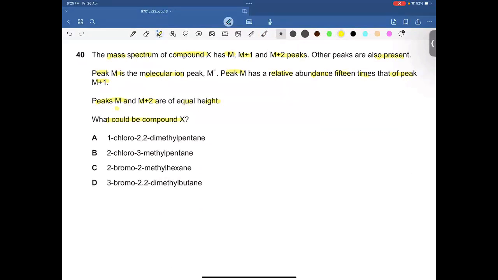Okay. First of all, we know the abundance of molecular ion peak and M+1 peak. So by using the abundance, I can find the number of carbon atoms in this compound X. So 100 over 1.1, abundance of M+1 peak, which is 1, and abundance of molecular ion peak is 15 times higher, which is 15, right?